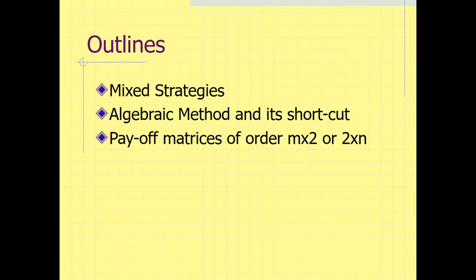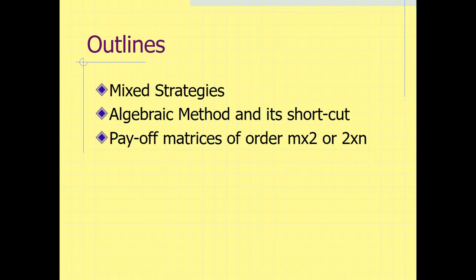But when there is no saddle point in a game, then it is called a game with mixed strategy. In order to solve such a game, each player adopts the concept of chance move. Each player starts to play in a random manner and in such a way that his average payoff over a large number of plays of the game should be optimum, even though he may lose more in any individual play of the game.